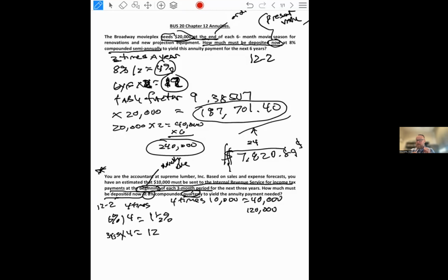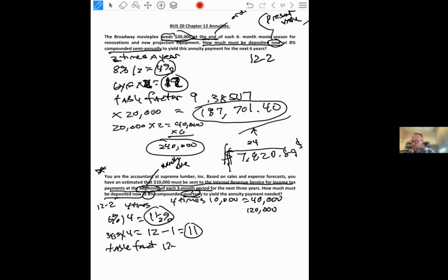So that's what I would go to on the table chart. I would go to 11 periods at 1.5%. And if I do that, the table factor on 12/2 is the factor, or the table, it's going to give me an amount of 10.07112.